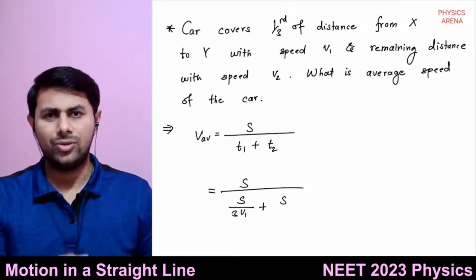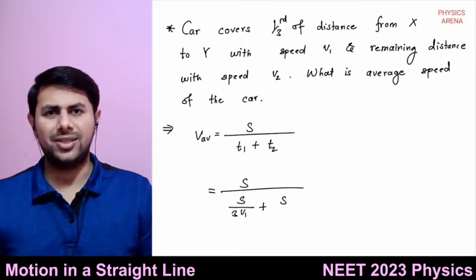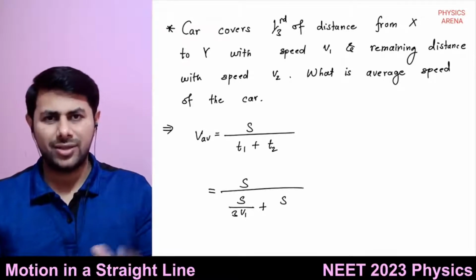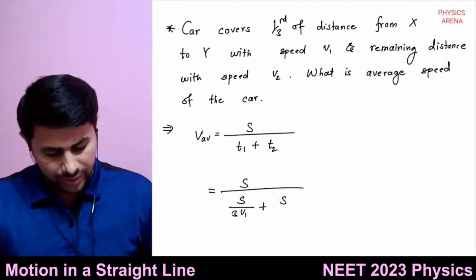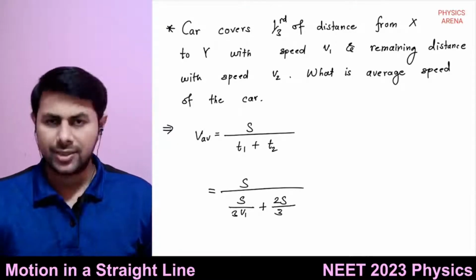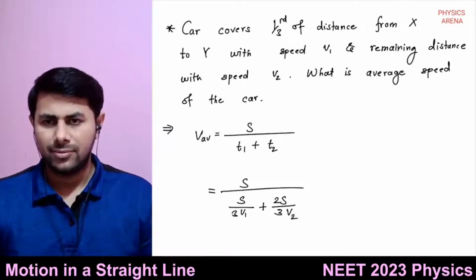It will be 2/3, because you are dividing it into, let's say, three parts. If you have taken 1/3 distance, the remaining distance would be 2/3, right? So it is 2s upon 3 is the remaining distance and your speed is v2.